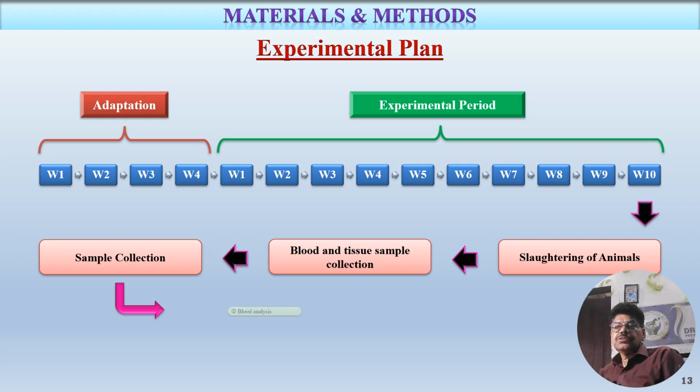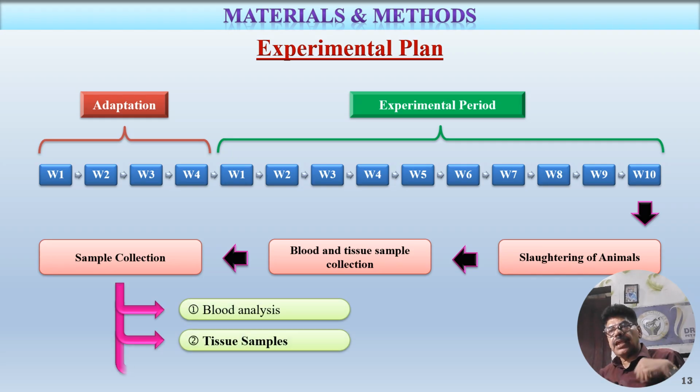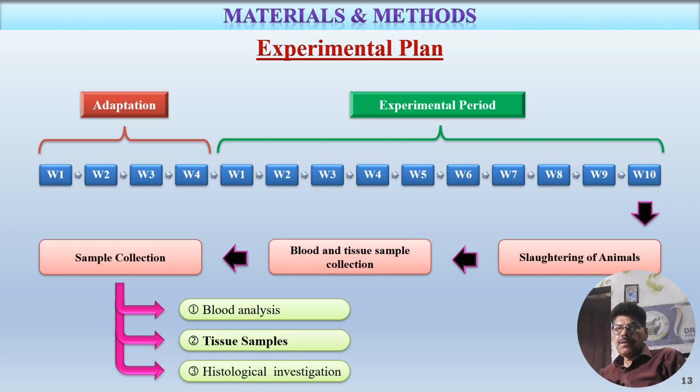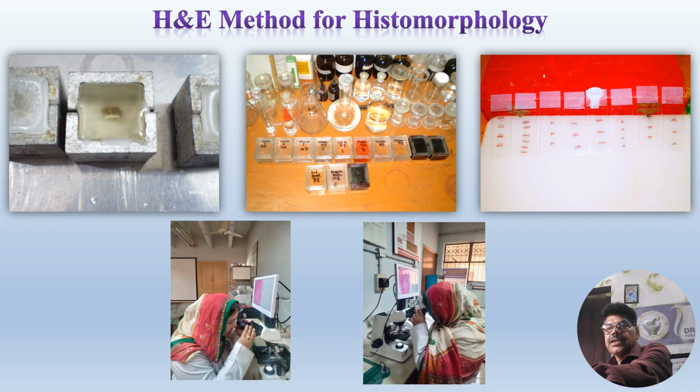So the adaptation period, as I have told you, was 4 weeks, and 10 weeks for the experimental period. In this, we slaughtered the animals and collected blood and tissue samples. Then the blood analysis, the tissue samples, and the histological investigation were done.